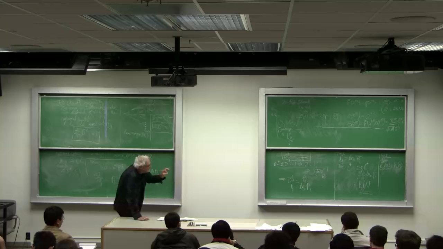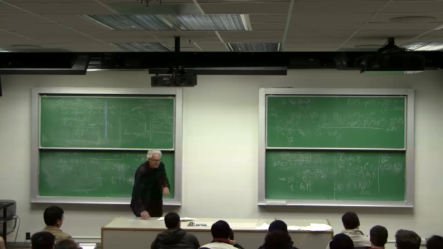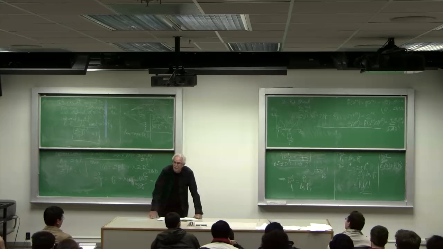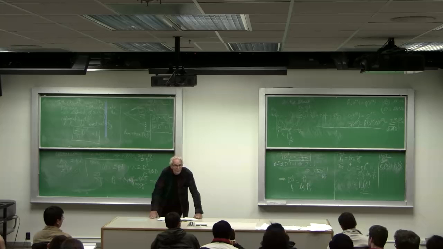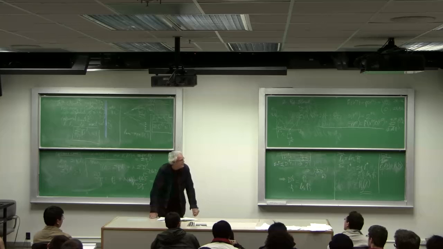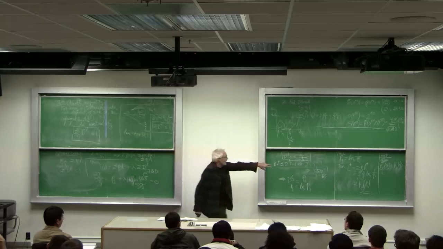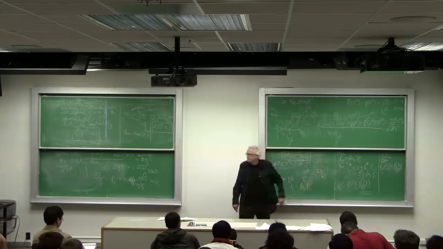We've already addressed it slightly with the AEP. We say there are roughly 2 to the NH sequences. Let's use NH bits to describe one. The problem with that is there's a certain probability of error that results, and there's an NH plus epsilon. And maybe we can do better than NH plus epsilon.